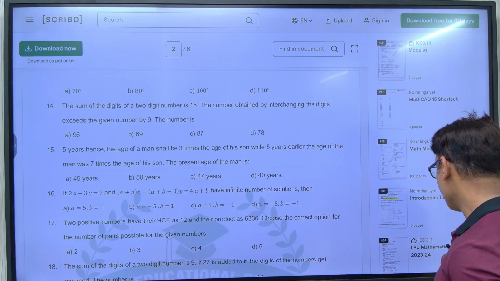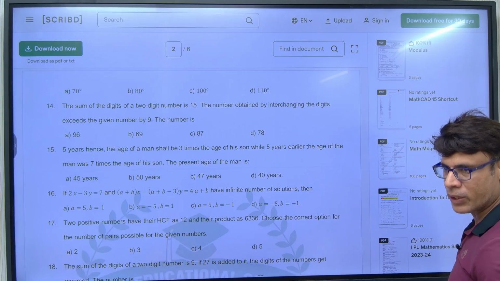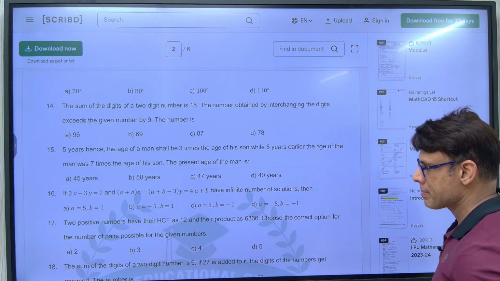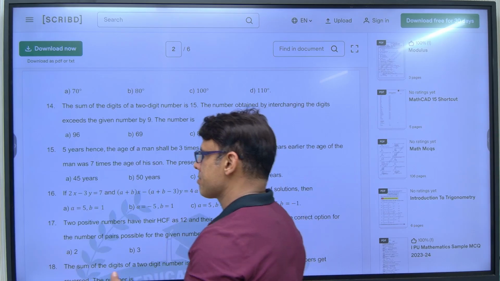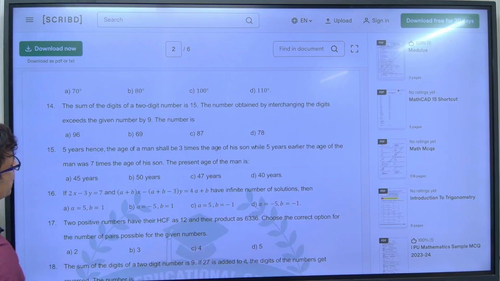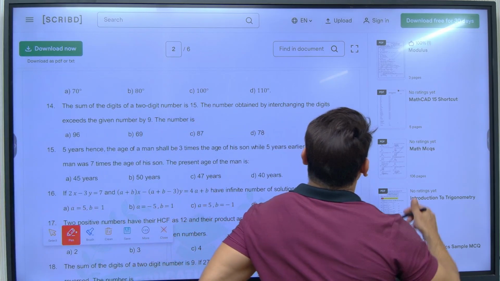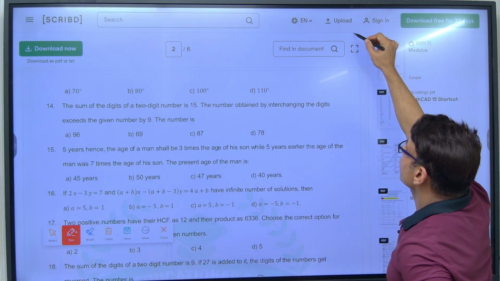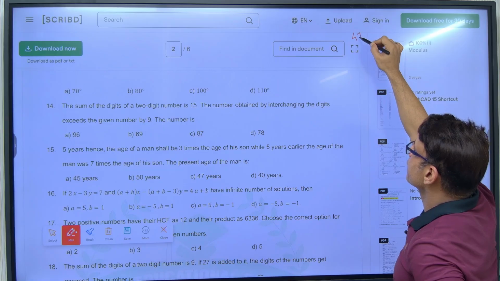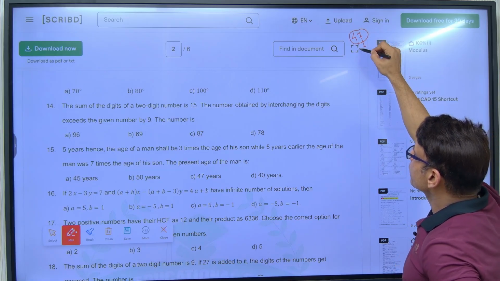Okay, so how do you write a 2-digit number? Do you know how to write a number by using its place value? Suppose I have a number, let's say 47, right? 7 is at the unit place and 4 is at the tens place.